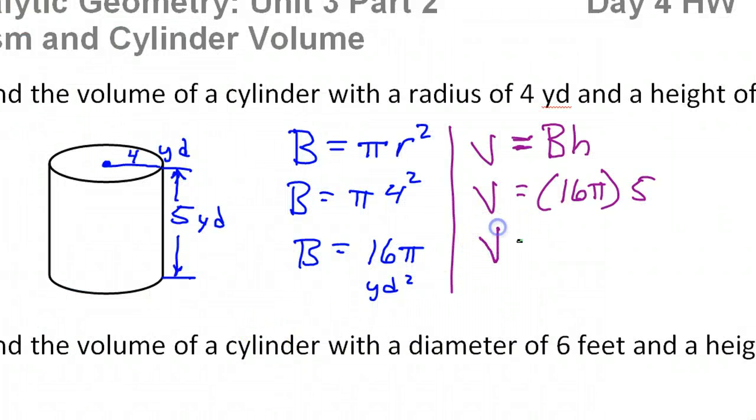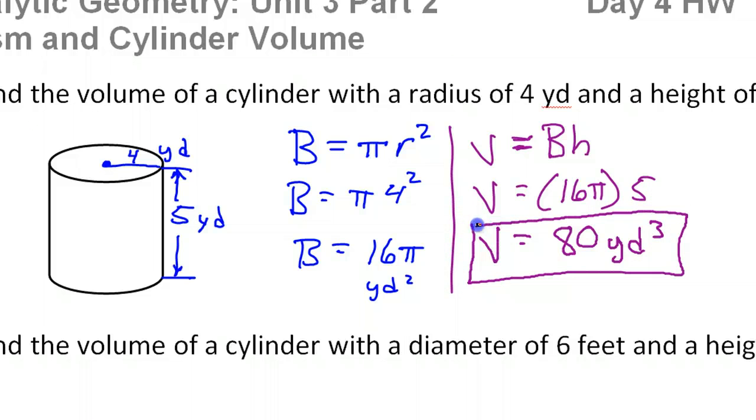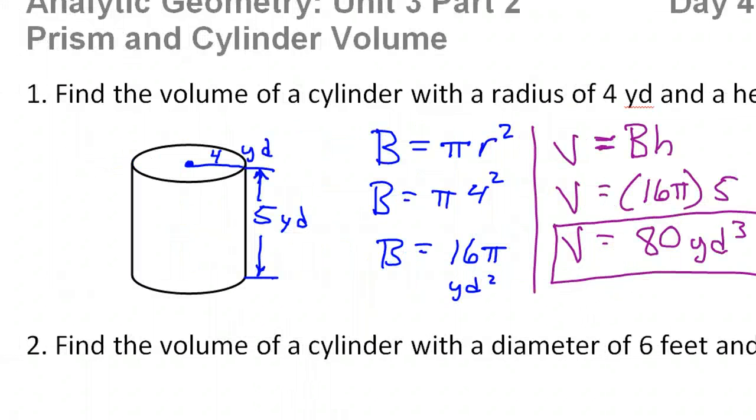So the volume is going to be 80 cubic yards. We're talking about volume now, and volume is measured by how many little cubes will fit inside of a shape, so the units will always be cubed. That's the answer for problem number 1.